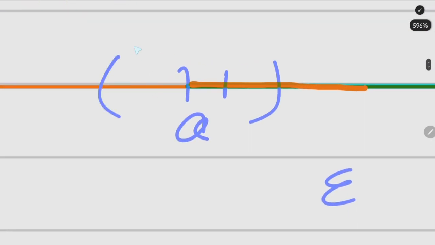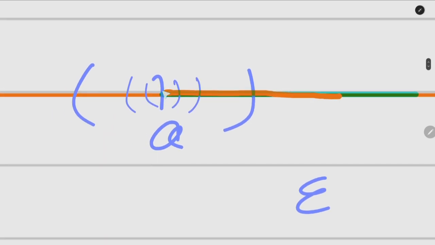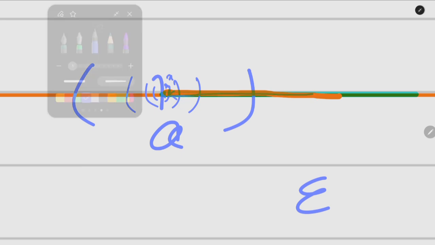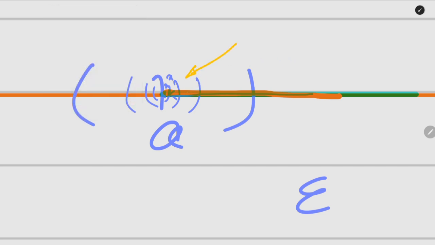Similarly, if I take it closer, however small I can take, X will be here. Again, if I reduce like this, X will be here. Again I reduce, X will be here. Similarly, what you can see is that it is approaching A.